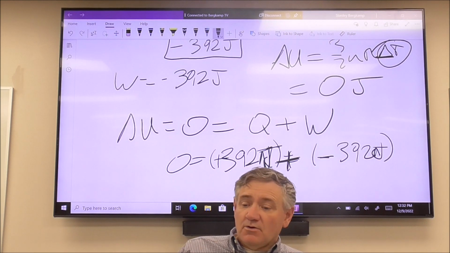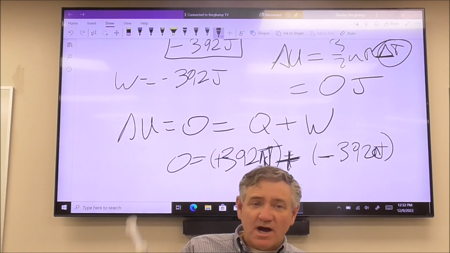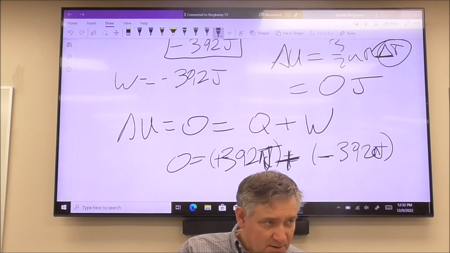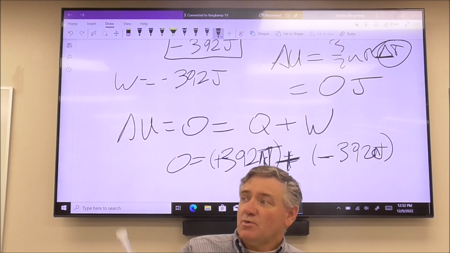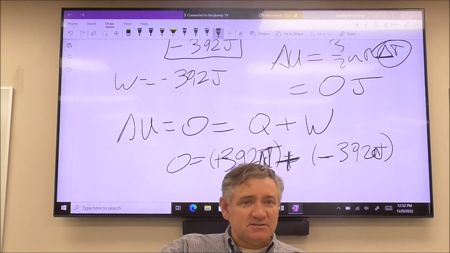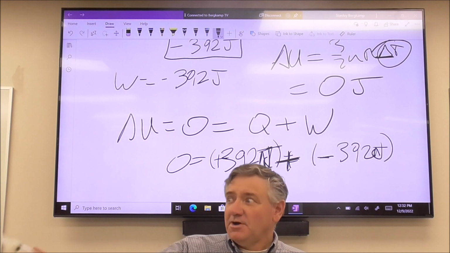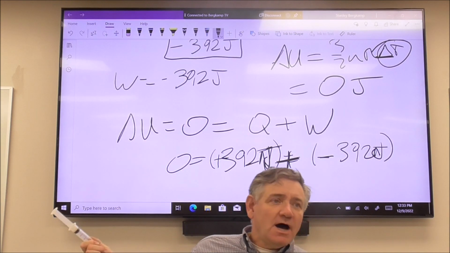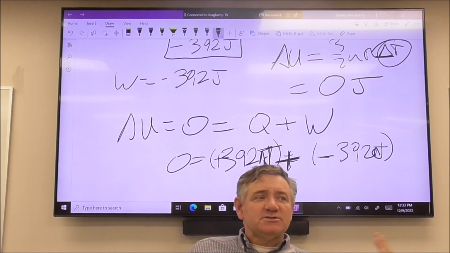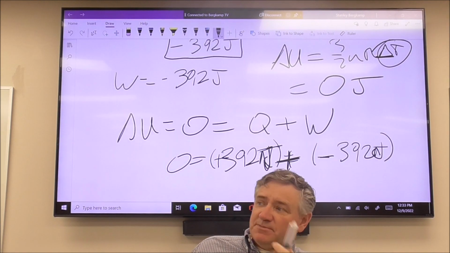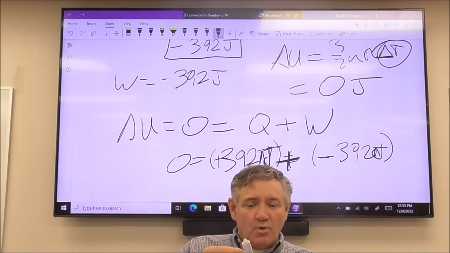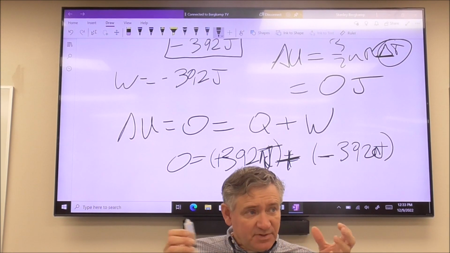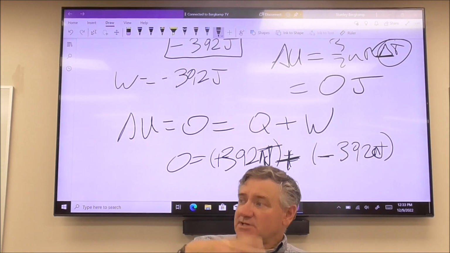So you don't want to try an isothermal compression or expansion with a Yeti cooler. Number one, you can't change the volume. Number two, you're not going to allow energy to flow in and out. So you want to do this with a syringe, where it's very thin, so energy can flow in and out, and you can change the volume.